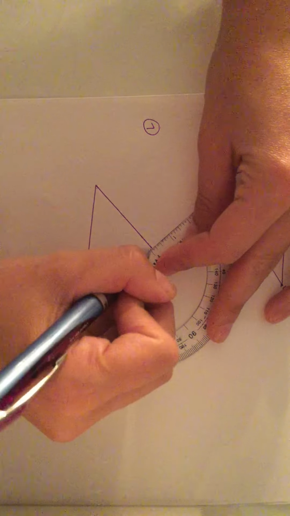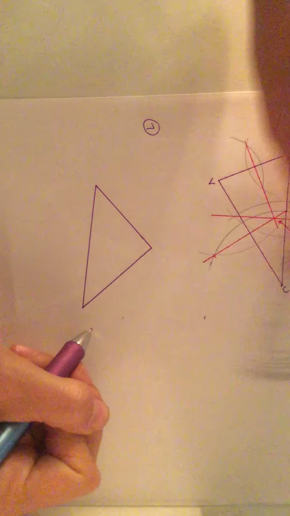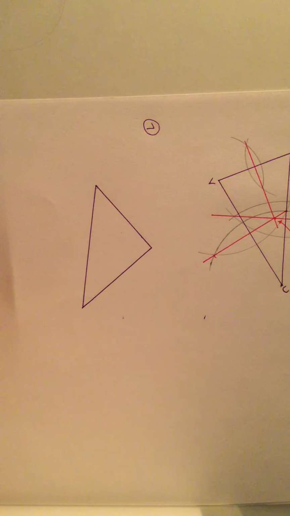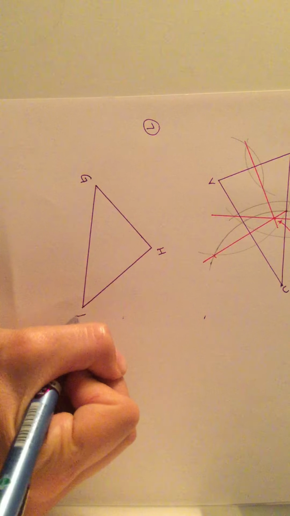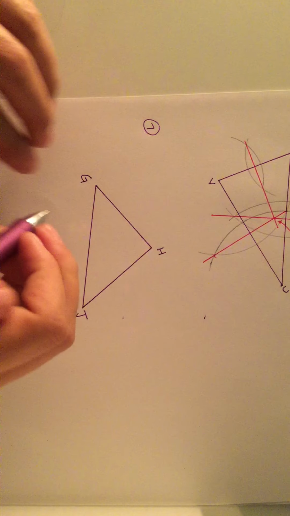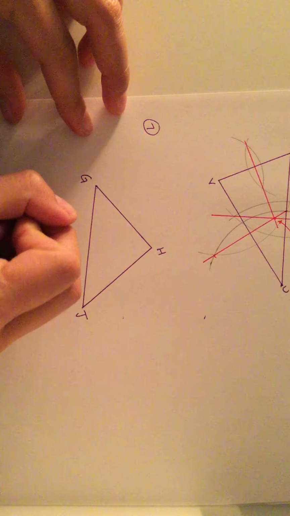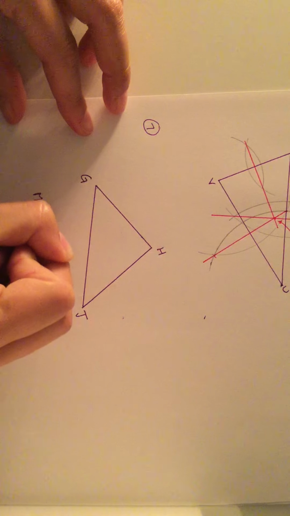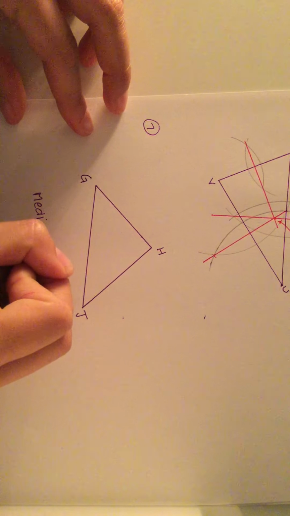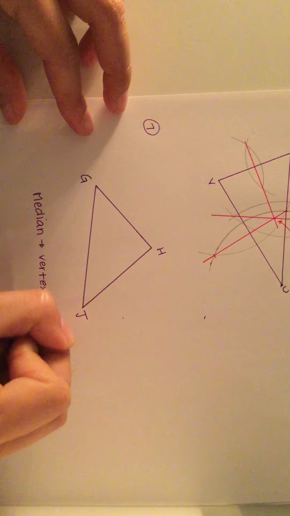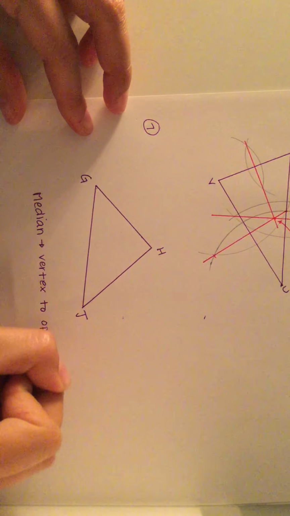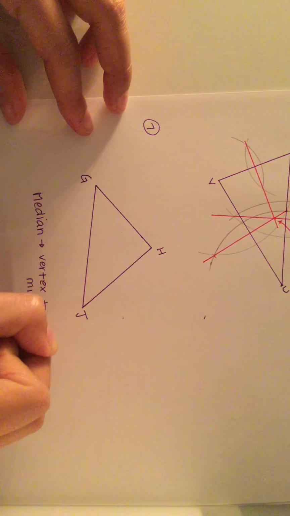The more neat our work is, the easier it is to construct. All right, we're going to call that GHJ. Now, if I want to construct the median, we want to connect a vertex to the opposite midpoint.